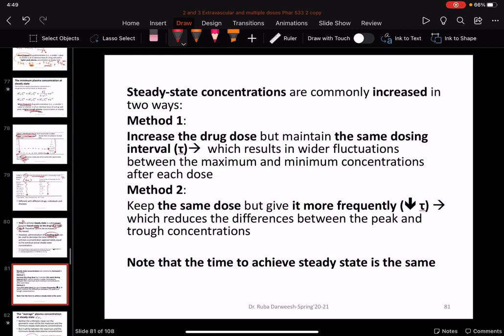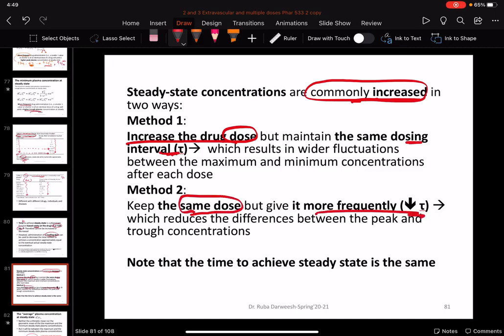Okay? Steady state concentrations are commonly used in practice, and we will see this in our calculations when we enter the part of this course related to certain groups of drugs. We either increase the dose, as I mentioned earlier, without changing tau, or we can use the same dose but decrease our tau.